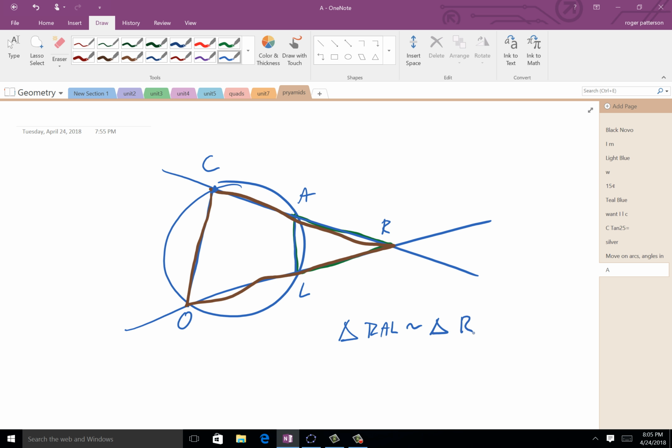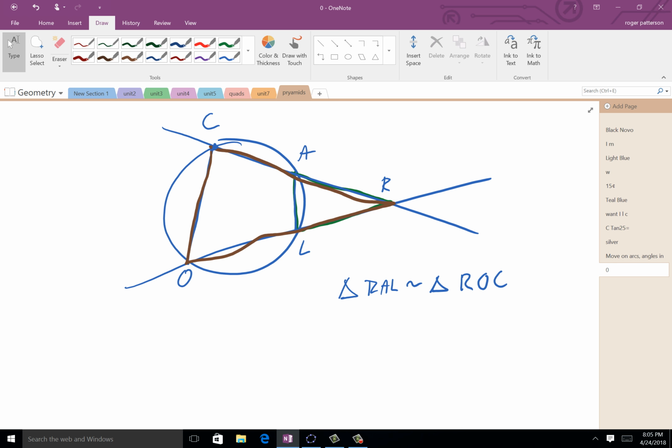Now the R is okay, right? But the A corresponds with the O, so we're going to go like that. Alright? Because we have the shared angle here, and then this angle is congruent to this angle, and this angle is congruent to this angle.